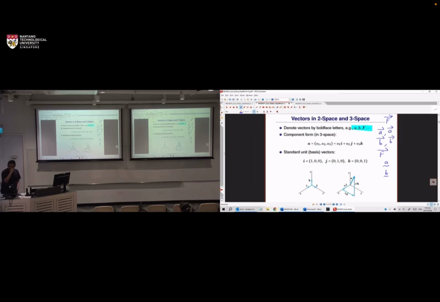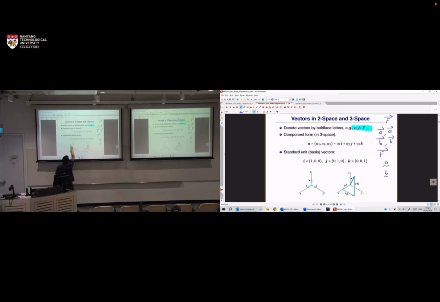They all mean vectors. Usually in the tutorial questions and the exam, I bold it, because typing the arrow sign is a bit troublesome. So anything that is bold means vectors. Textbooks also use this; different textbooks use different notation, but basically it's like that.